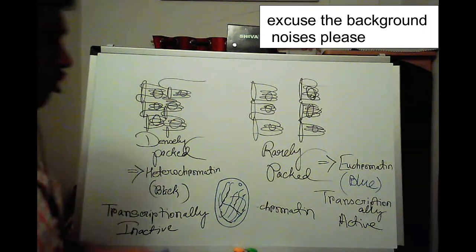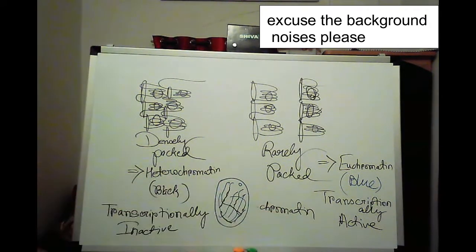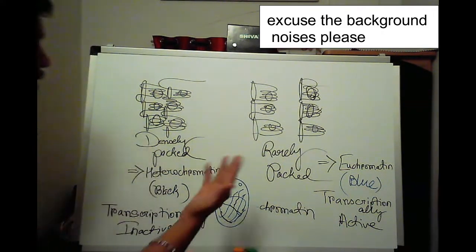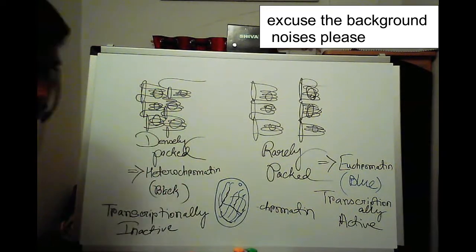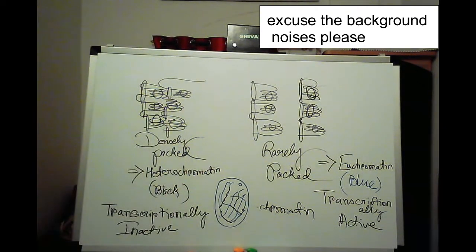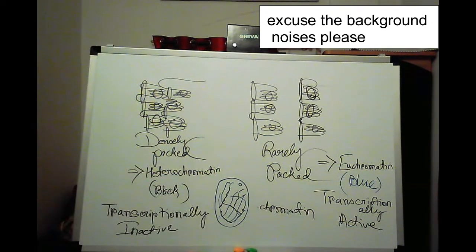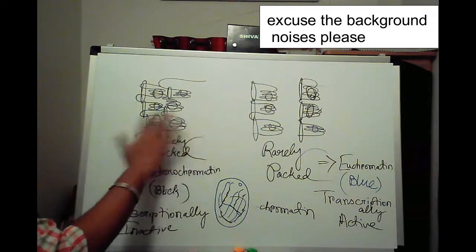I'll explain what transcription is when we do the Central Dogma. I focused on this one before the Central Dogma because you will understand that after this. We need to know how the DNA is packaged. Transcriptionally inactive, transcriptionally active. Why? Because this is densely packed.